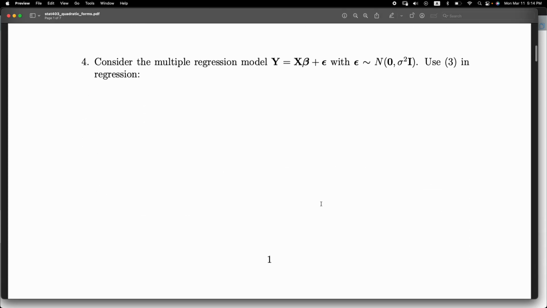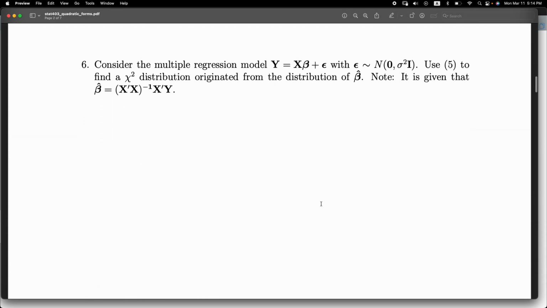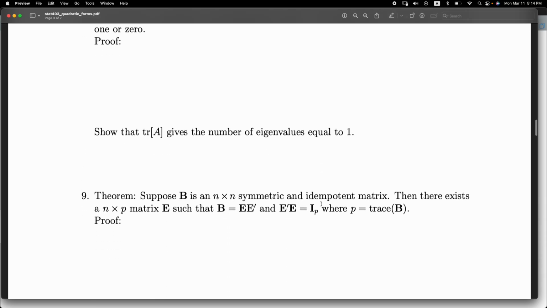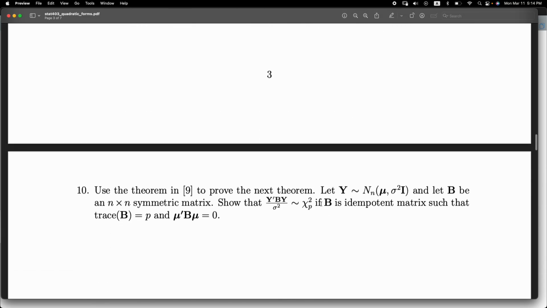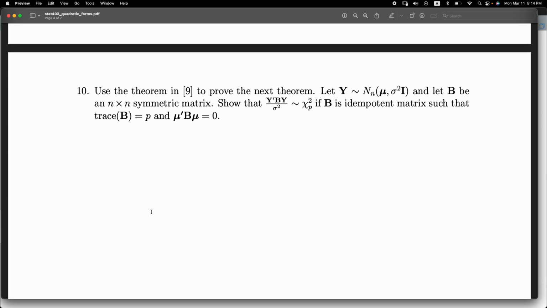And then the one I'm referring to is this one, Part 10. So B is idempotent. And then you have that it's following chi-square of P, where P is the trace of the matrix B.